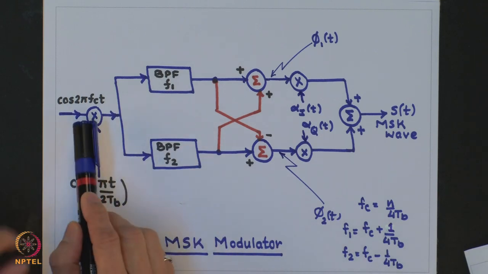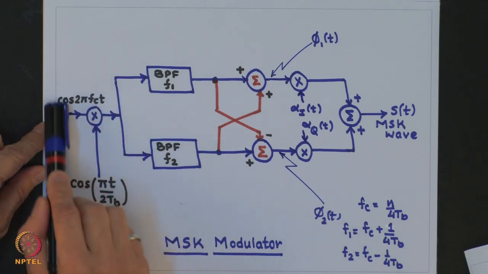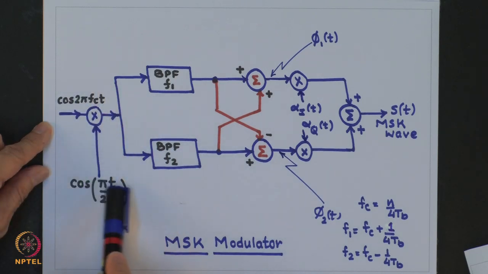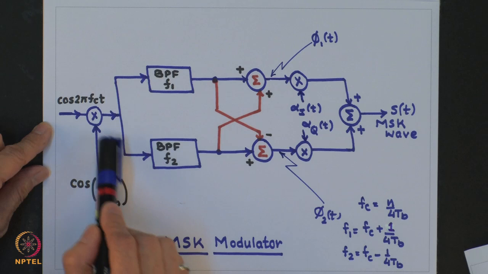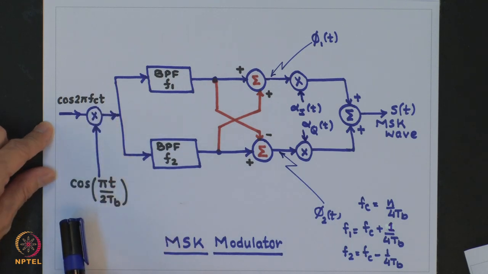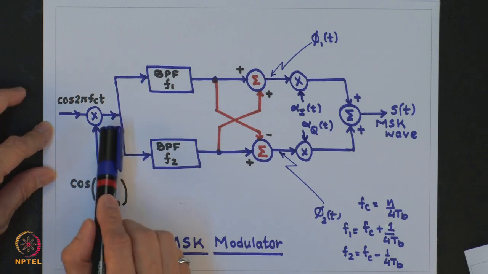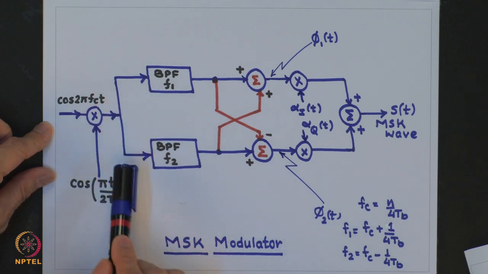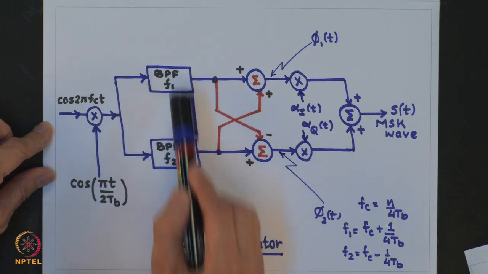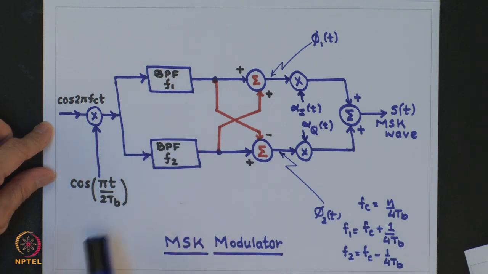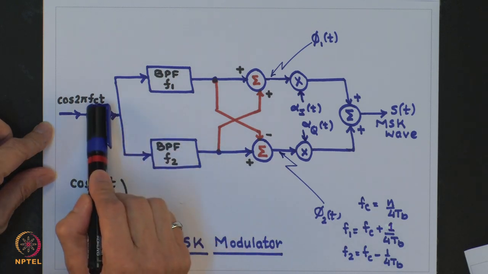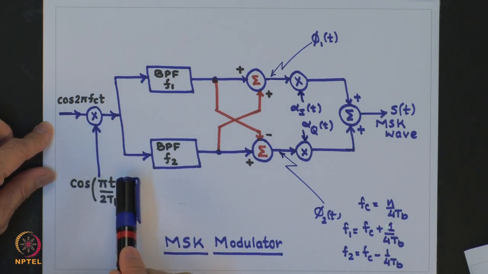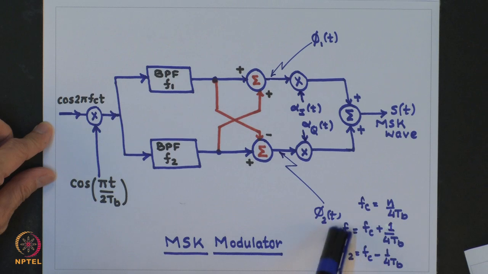in this slide. We take the input cos 2 pi f c t and another input cos pi t over 2Tb, which are fed to a product modulator, and the output of this modulator is two phase coherent sinusoidal waves at frequencies f1 and f2, which are related to the carrier frequency fc and the bit rate 1 by Tb by the equations given here, f1 and f2.